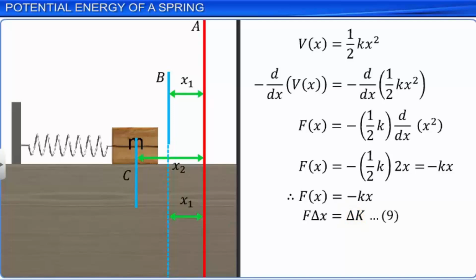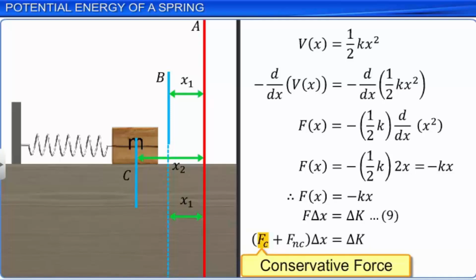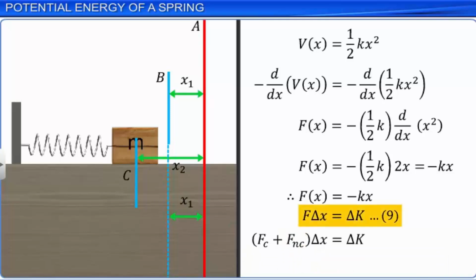Now, if the forces acting on the body include both a conservative force Fc and a non-conservative force Fnc, then equation 9 can be written as (Fc + Fnc) Δx is equal to ΔK. Let this be equation 10.